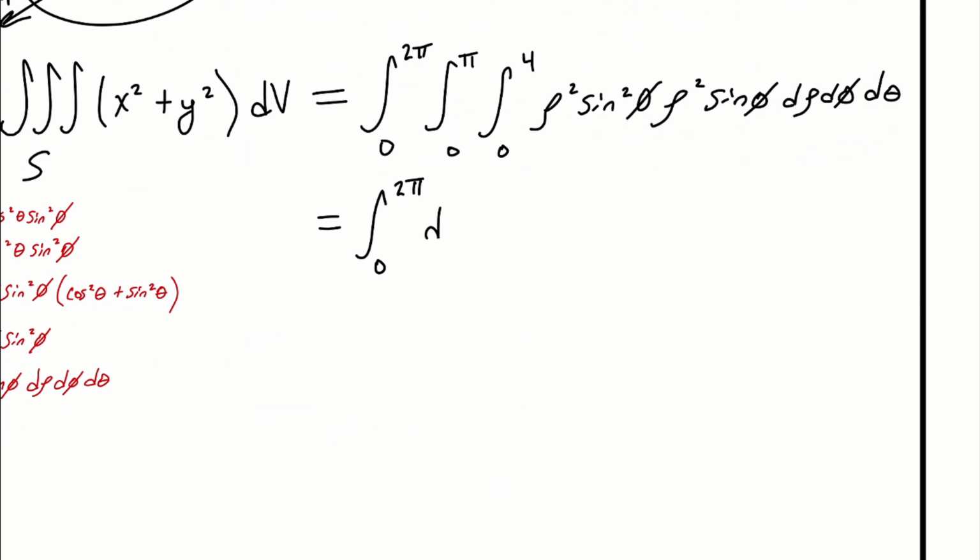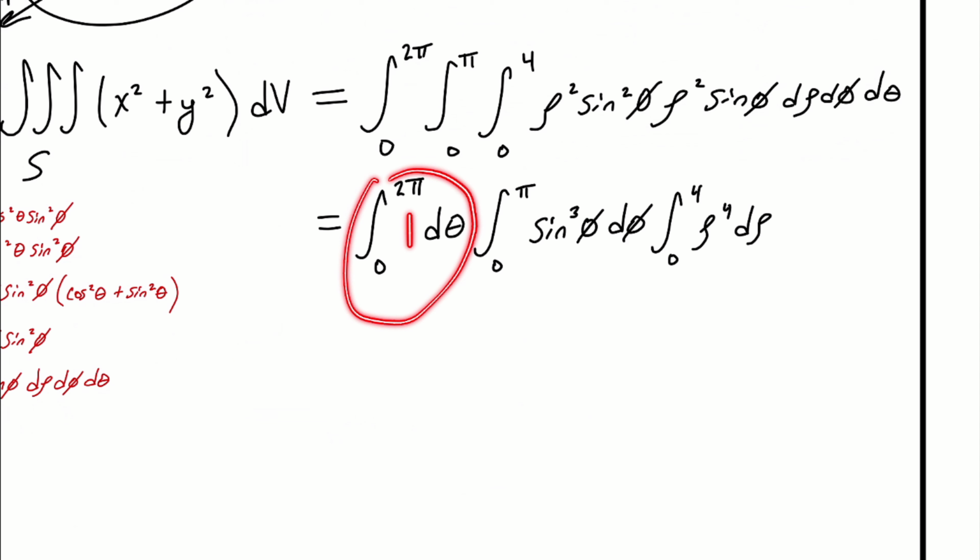So we have d theta times the integral from 0 to pi of our phis, which should be sine cubed phi d phi. And then we have our rhos, 0 to 4 rho to the 4th d rho. So this integral here is just 1 from 0 to 2 pi. So this whole integral here is just equal to 2 pi.